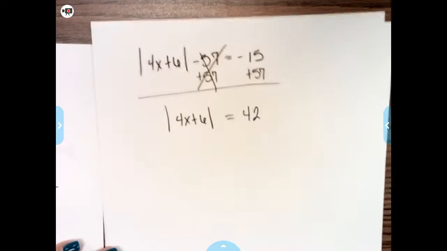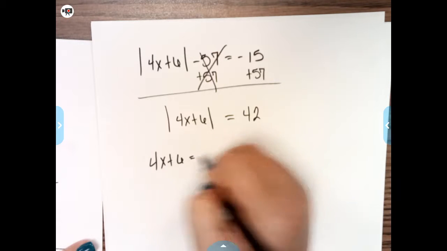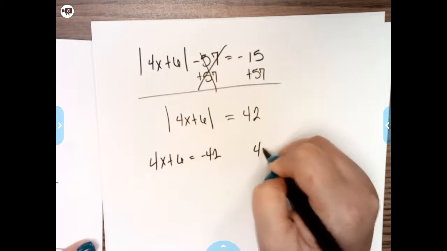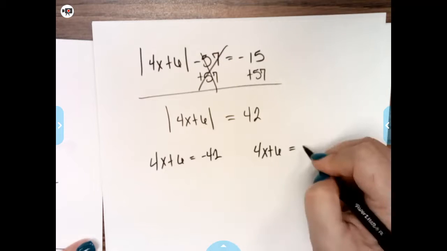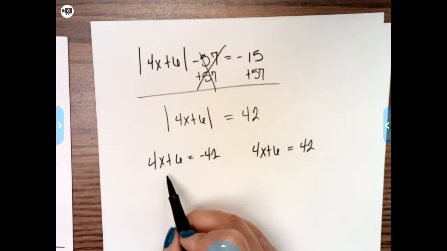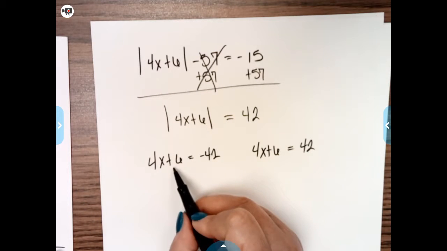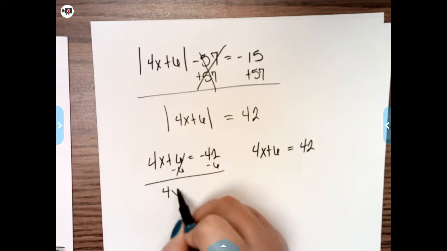And so now you can set your two possible equations. So remember, what's in the absolute value can either be a negative 42 or a positive 42. So there's your two equations. So now we have two-step equations. So we're going to subtract our constant first for x.